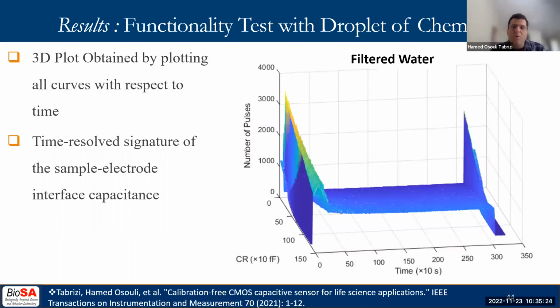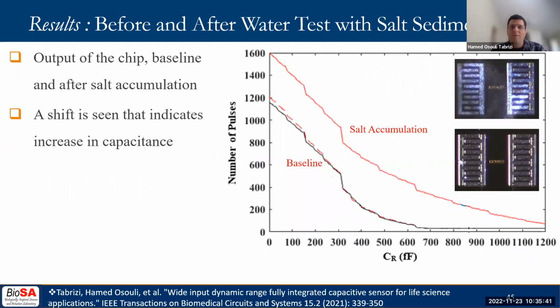Here, a 3D profile is obtained with a droplet of water. Different patterns can be seen as the droplet has been put on the chip until it has completely evaporated. This might be a 3D fingerprint for the evaporation of this water droplet.